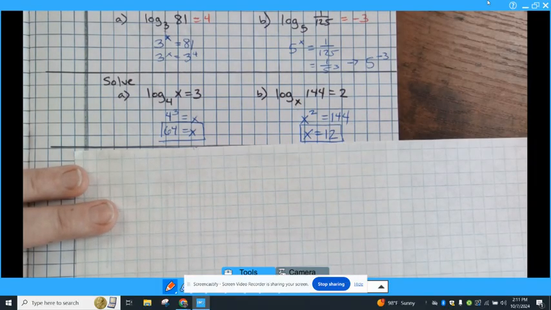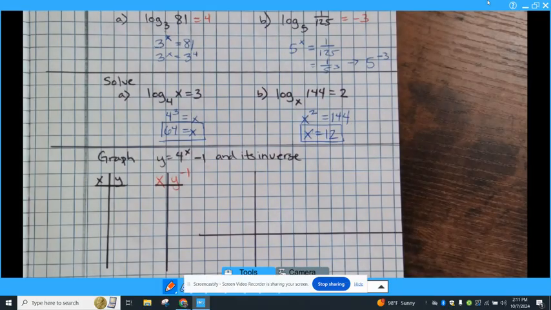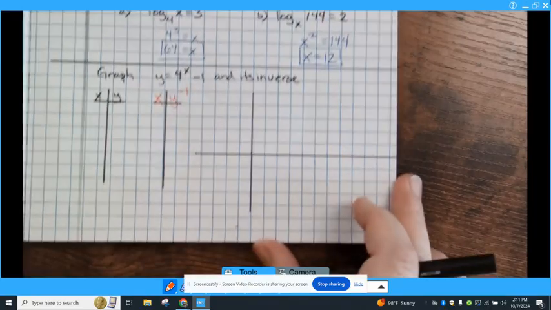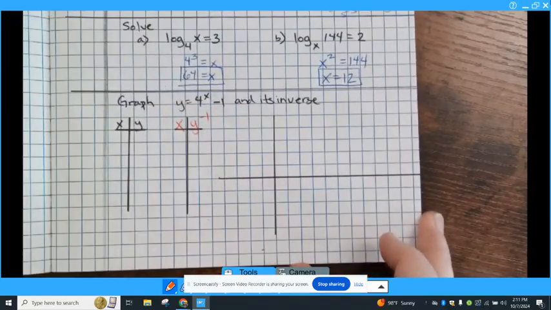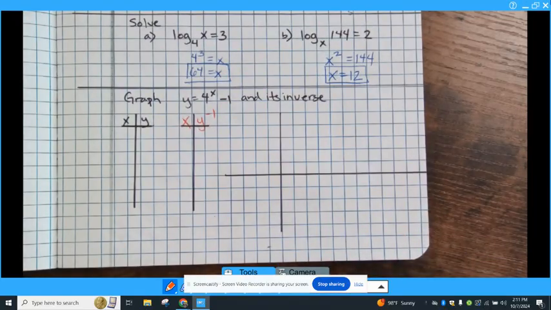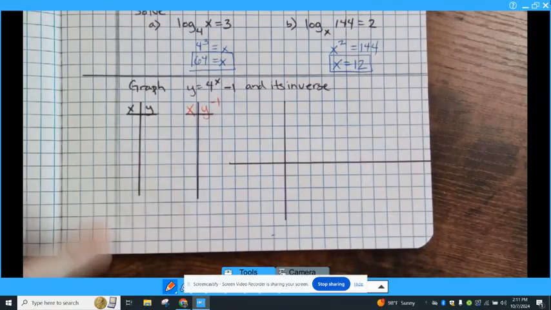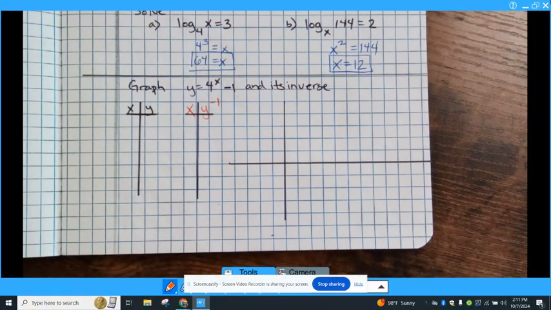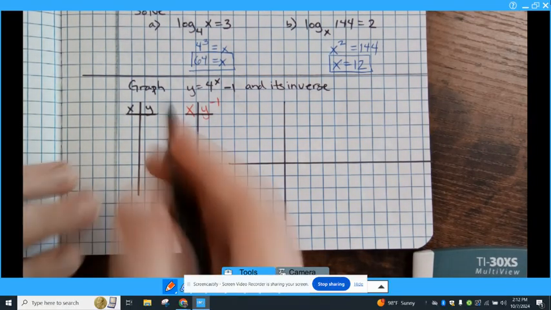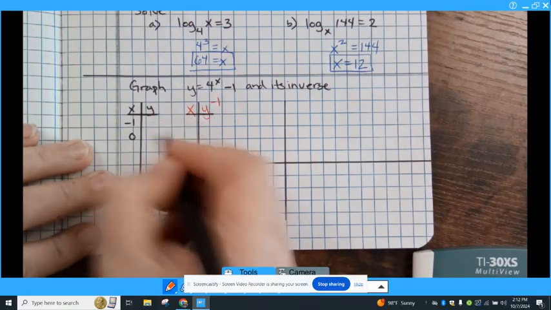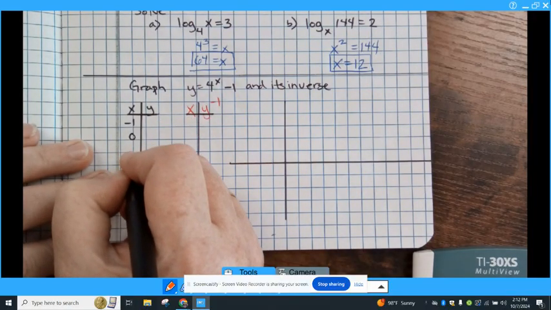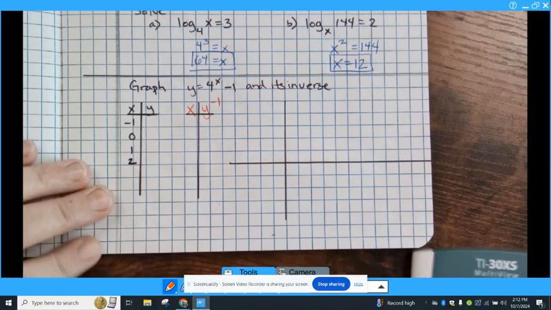Okay, and the last problem. We're going to graph y is equal to 4 to the x minus 1 and its inverse. So I'm going to use a t-chart. So I'm going to start at negative 1, 0, 1, and 2.